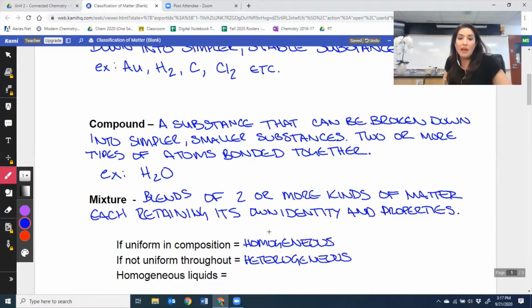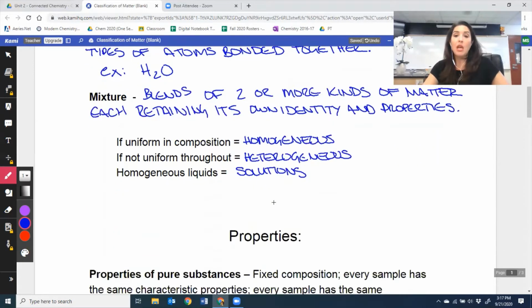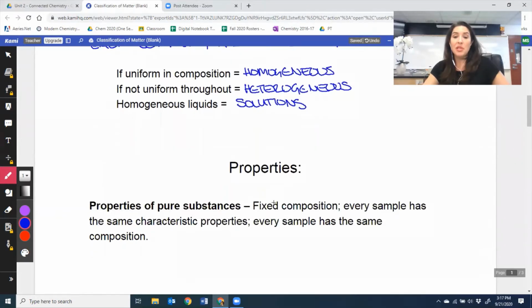And if you have a mixture that is a homogeneous liquid, we call those solutions. So a substance dissolved in water or dissolved in some other liquid is called a solution, and that's another type of mixture.